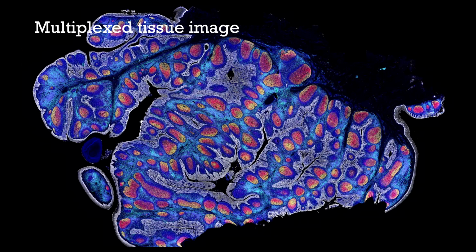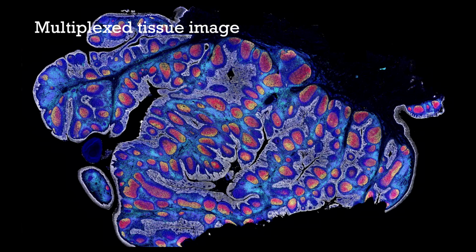But we can also think about it in terms of biological systems. And this is an example of a multiplexed imaging system. So basically this is a tonsil, if I remember correctly, and each individual color here represents a specific protein. And you can visualize the image of the tissue.